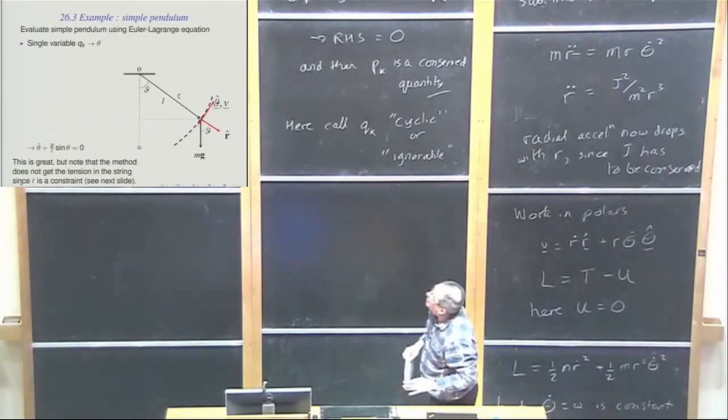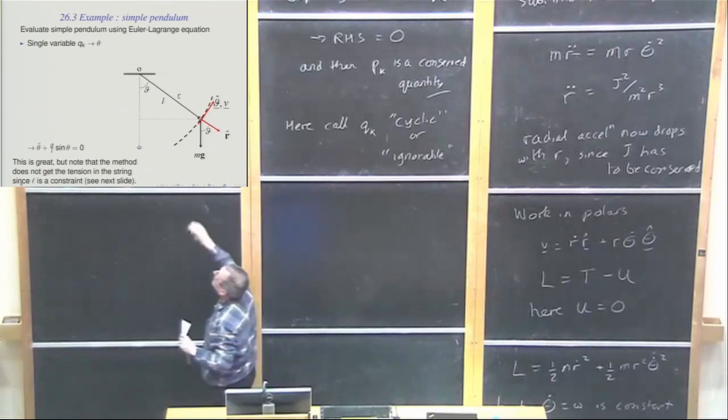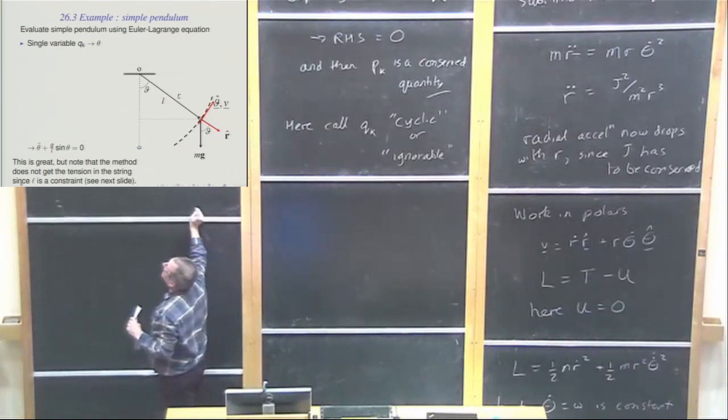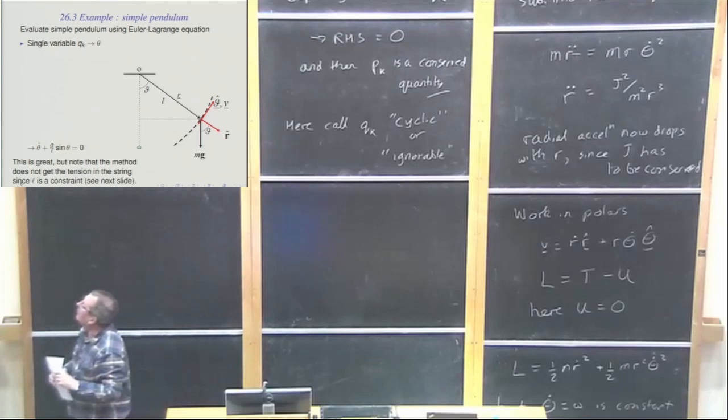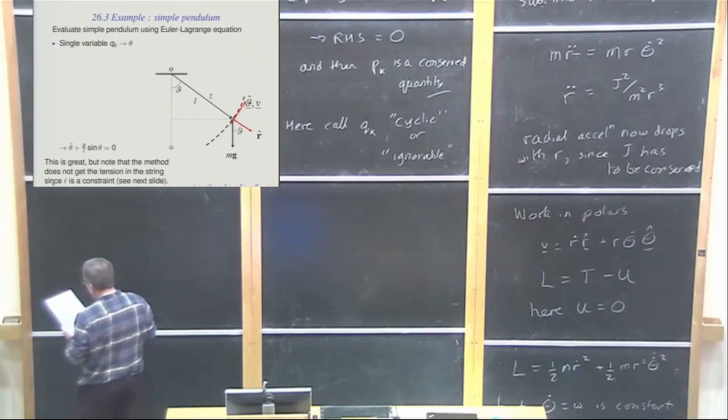Okay, nice. I promised you we'd look at the pendulum. Whatever problem you're looking at in physics, you have to come back and study the pendulum. So here we are. Let's now write down the Lagrangian for the pendulum.